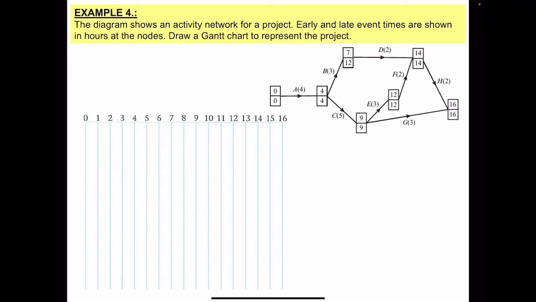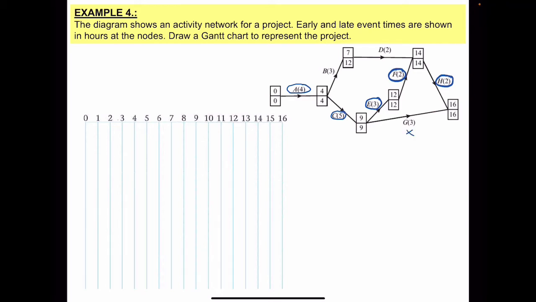In this case, it should be A, then C, 9 minus 5 is 4, then the next one is E, and I have F, and then I have H. You can notice G is not a critical activity because 16 minus 9 is 7, not 3.